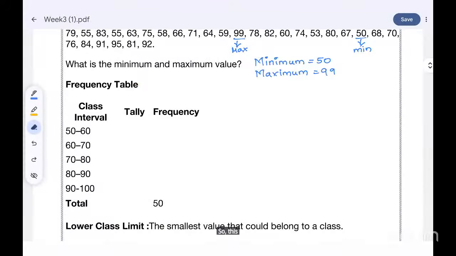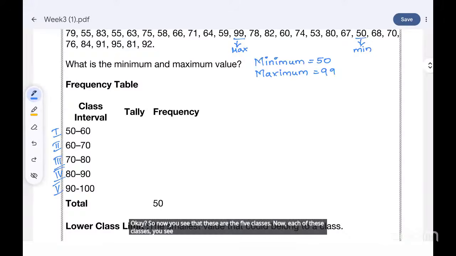So this is the first class, second, third, fourth, and fifth. Each of these classes is given as 50 to 60, 60 to 70, like this.